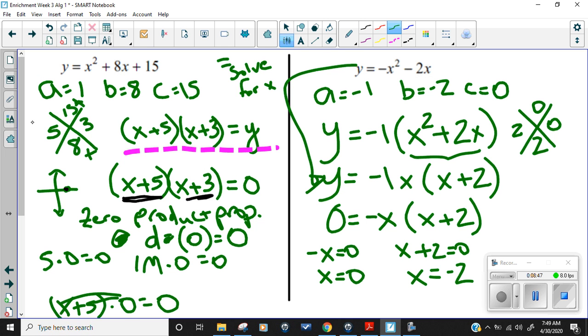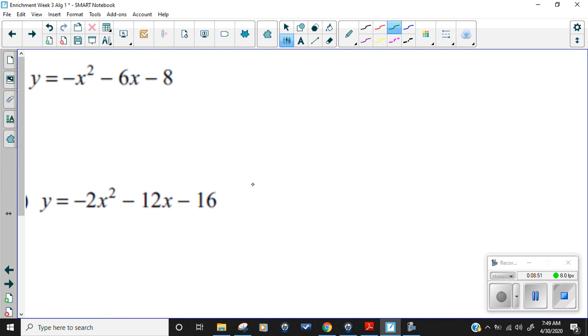Okay? So there's 2 more I want to show you because they're like the ones on the worksheet. So here, this is one that we do have an A, B, and C. But before starting, like I said, if you find a negative A, I would take out a negative 1. You could write 1 or not, it's up to you. Negative 1. So I have an x squared. If I take out a negative, this is going to be a positive 6x.